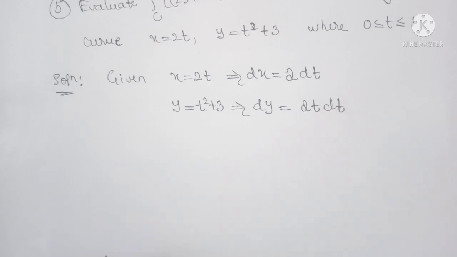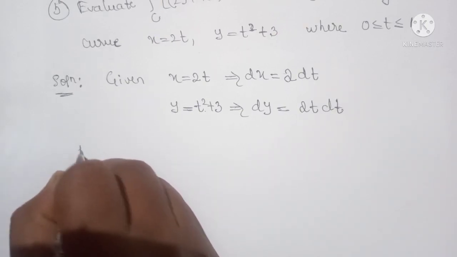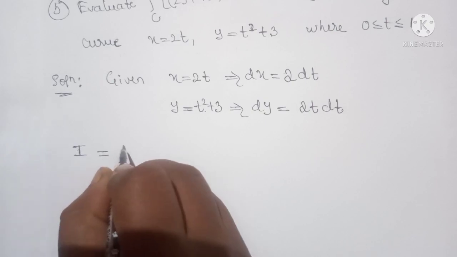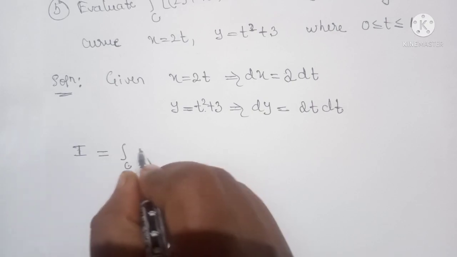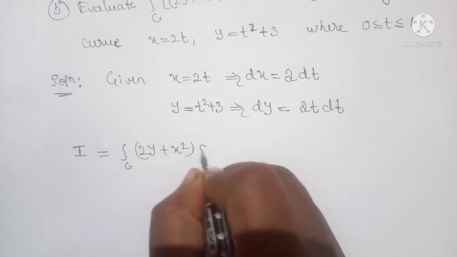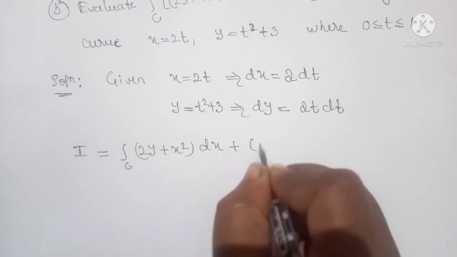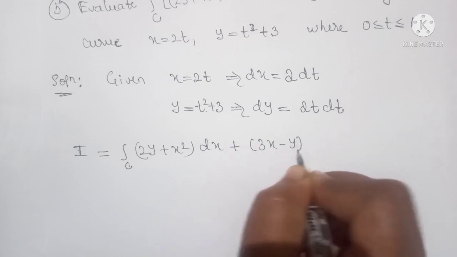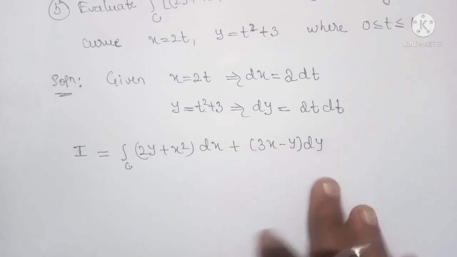Now we write the given integral as the integral over c of 2y plus x square dx plus 3x minus y dy. So this is the given integral.